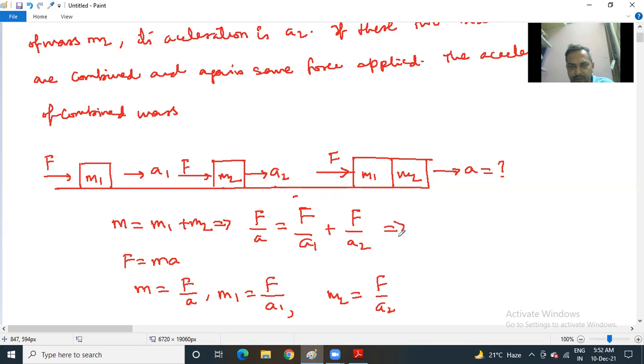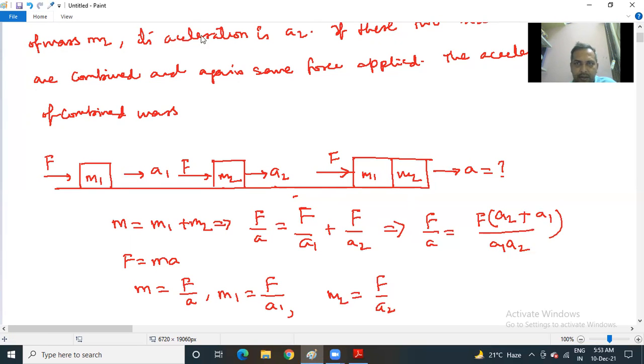So therefore, if you simplify this, F by a, you will get here LCM as a1 a2. Take out common F. So a1, if you multiply with a2, you will get a1 a2. So you will get a2 here. a2 multiplied with a1, so you will get a1 here.